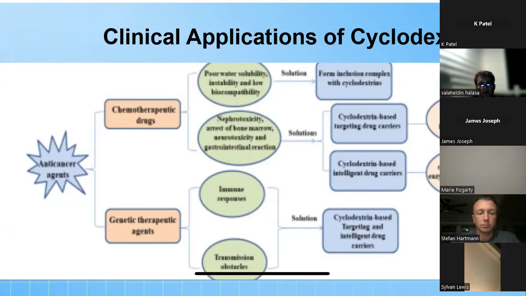Make it more soluble, stable, more targeted by the nanoparticle, and less immunogenic, and it gets the drug to the target in a very intelligent way. And I think you can use many things with the cyclodextrin, right?